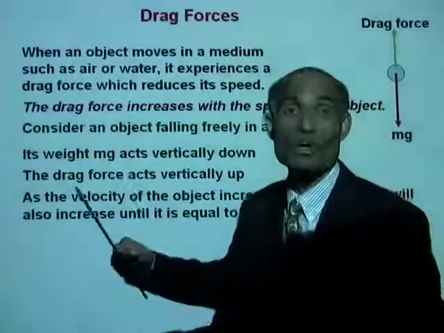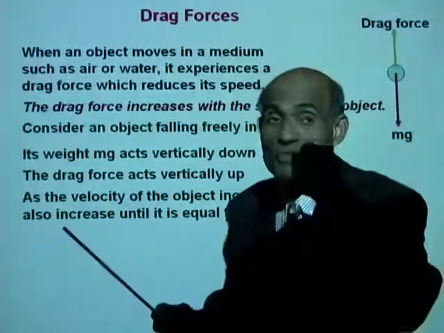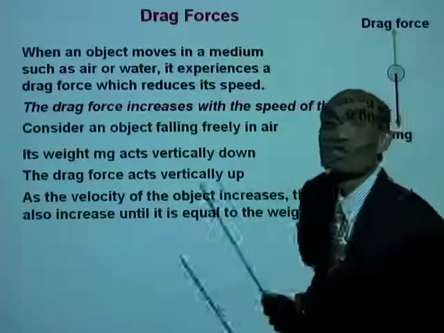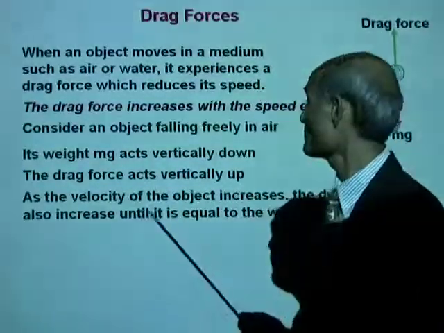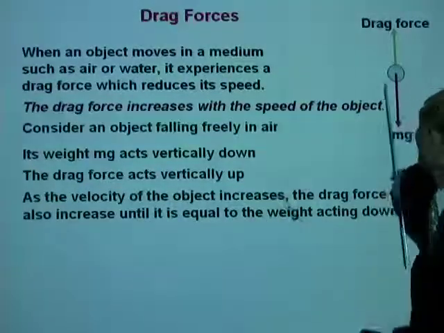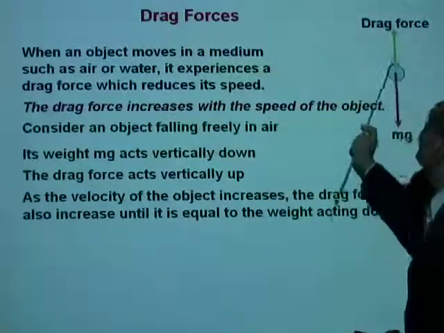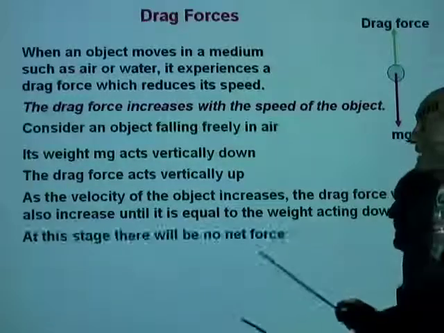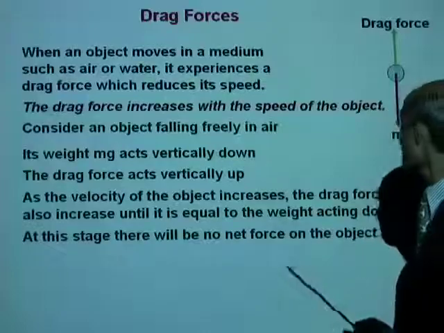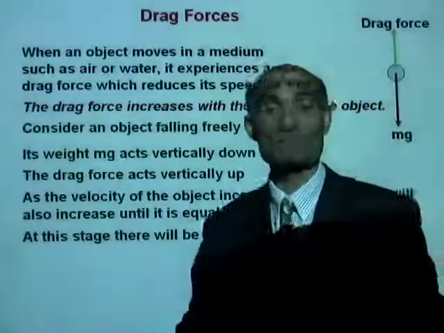As the velocity of the fall increases, the drag force will also increase, until a time will come when the weight is equal to the drag force. Now, at this stage, there will be no net force acting on the object.